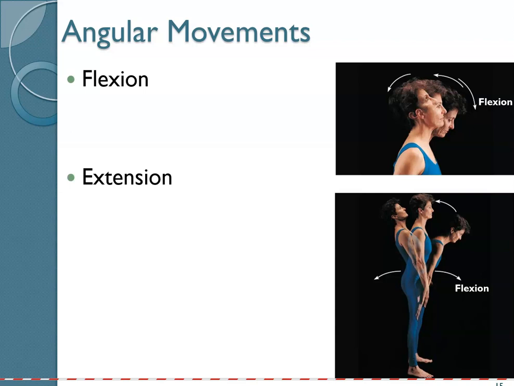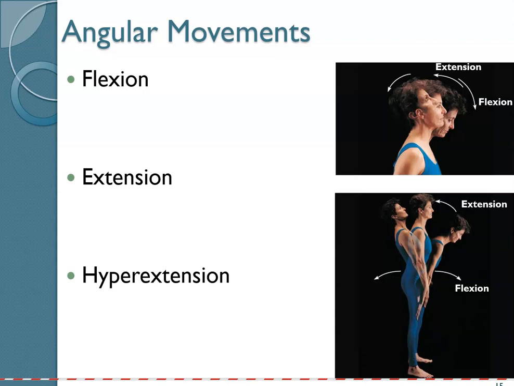Then extension will be the opposite of flexion. Now you're coming back, the angle is coming back from that bent position towards the center, the natural anatomical position. While some joints we can go further back, right? So those are going to be called hyperextension. So you're going further back.